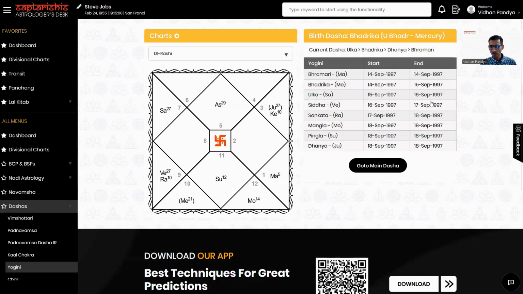So 16 September will fall here. So that's why I said it is the nakshatra of Purva Falguni, and the lord of Purva Falguni nakshatra is Venus, and Venus is in the fifth house of power and new beginning, right? And this is the time when he came back, or he was reintroduced as the CEO of Apple Computers.